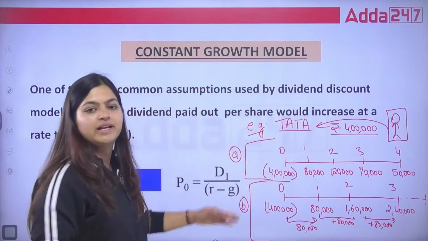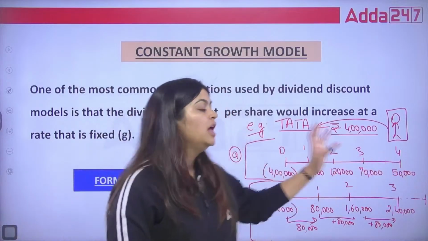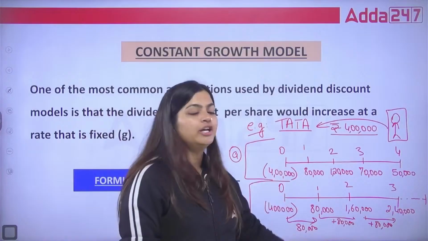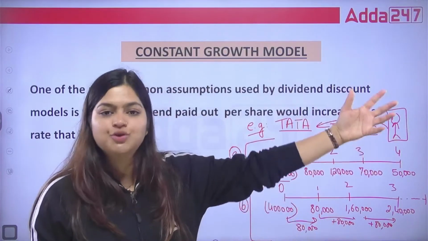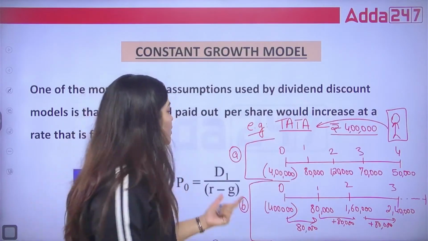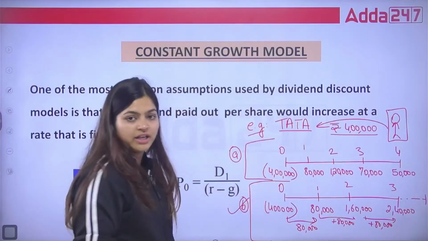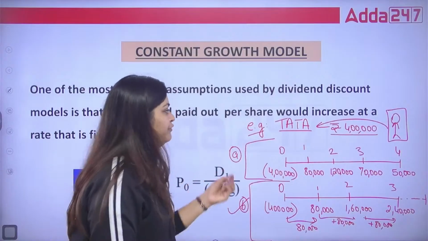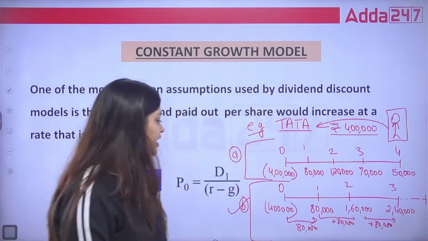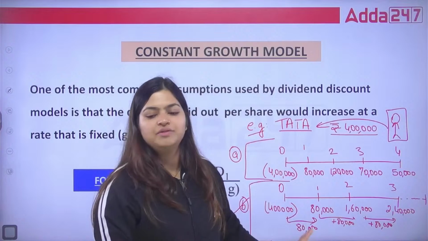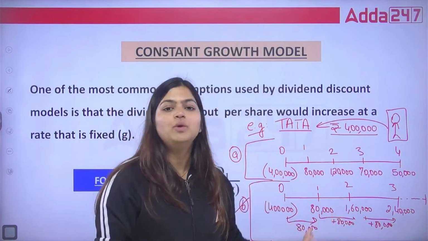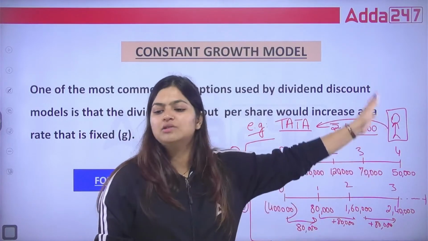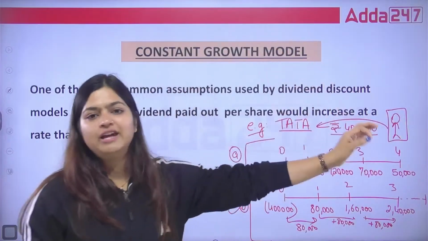The company can say we are giving you this type of dividends, and the company can also say every year you will receive 80,000 extra on your invested amount. So if the company goes with the B option, if you invest 4 lakhs in the Tata company and the company says every year, on whatever previous investment we have made, we will give you an extra 80,000, and the same 80,000 will continue for the life of that investment.